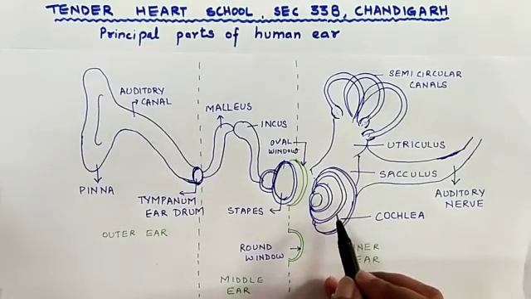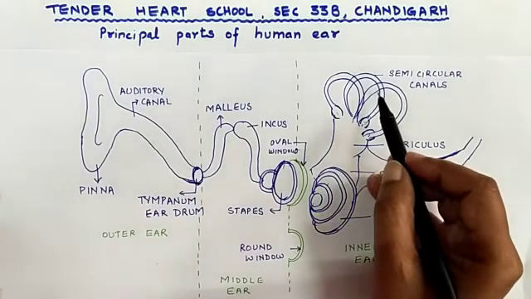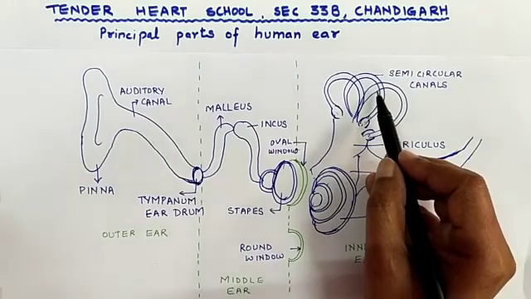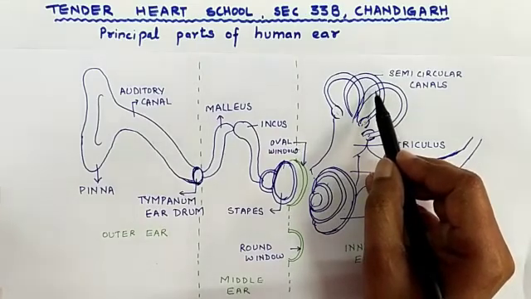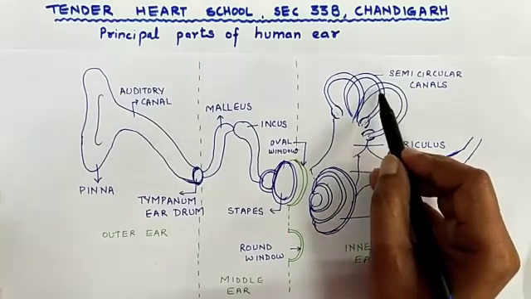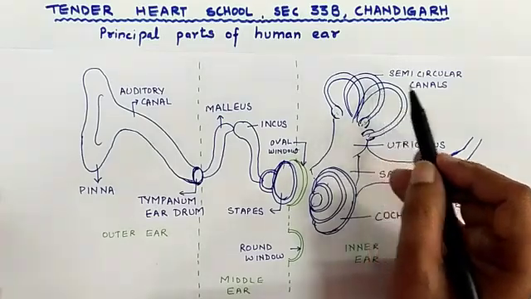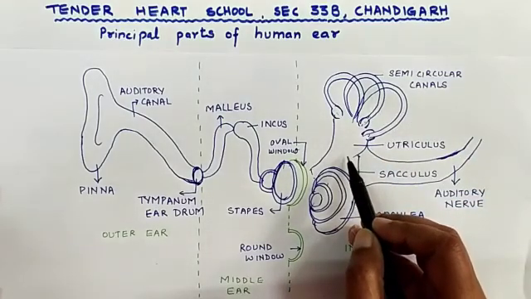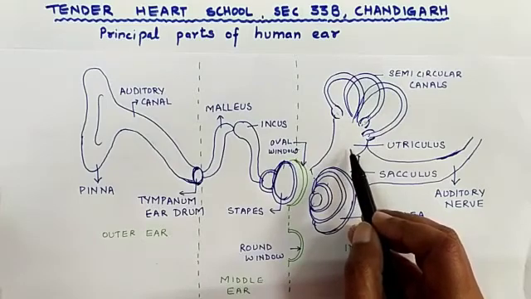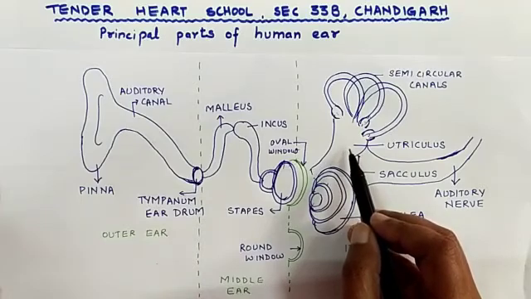Cochlea contains the sensory cells for hearing, that is the organ of Corti, which helps us in hearing. Semicircular canals contain the sensory cells for dynamic balance, that is when the body is in motion. And utriculus and sacculus, which form the vestibule, contain the sensory cells for static balance, that is when the body is at rest.